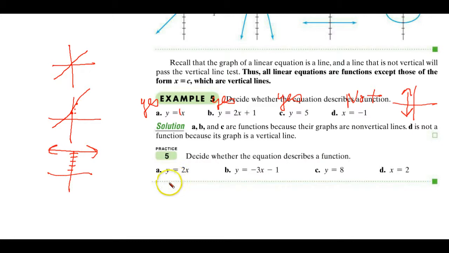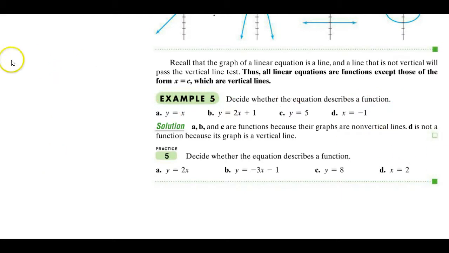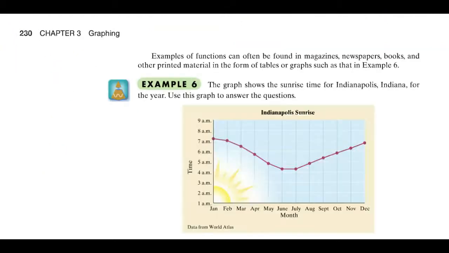And here, this is yes, this is yes, this is yes, this is a horizontal line, vertical line, no. Now it's a little tricky when you have a parabola, but they're not giving us those, so we'll stay away from that right now. If they do, we will address it.